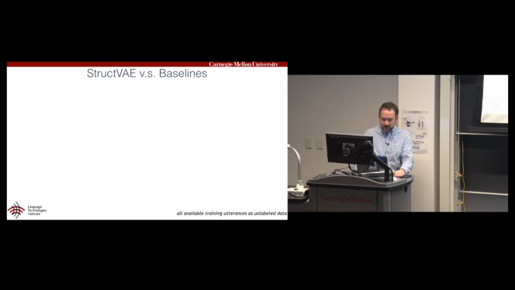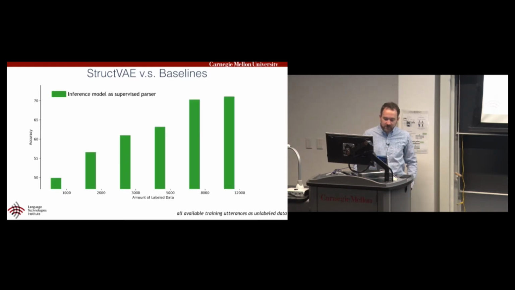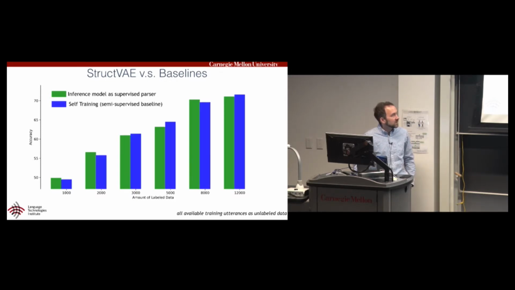But struct VAE versus baselines. The first baseline we used was just purely supervised learning. The second baseline we used was something called self-training, where we used the original parser trained on a small amount of data to generate trees for a larger amount of data, and then retrain the model based on these generated trees. And in this case, we didn't get consistent gains.